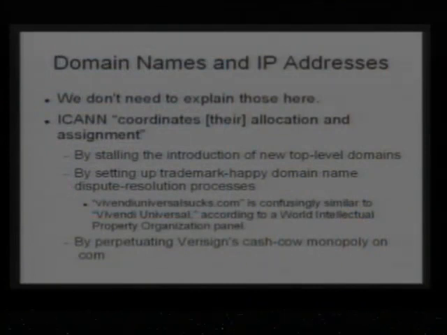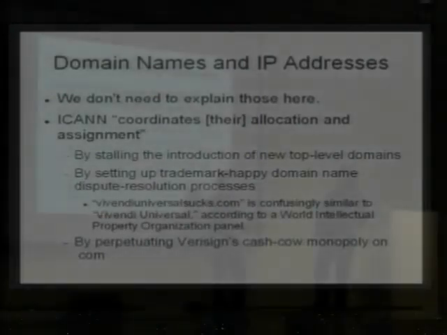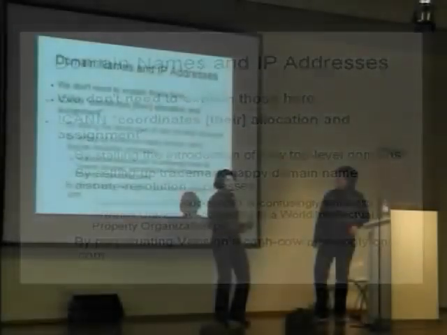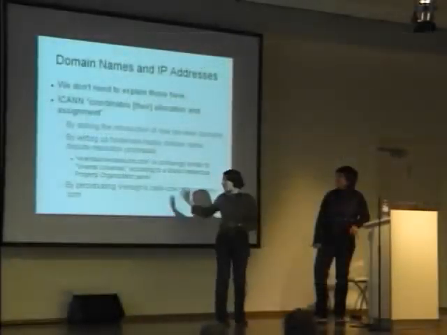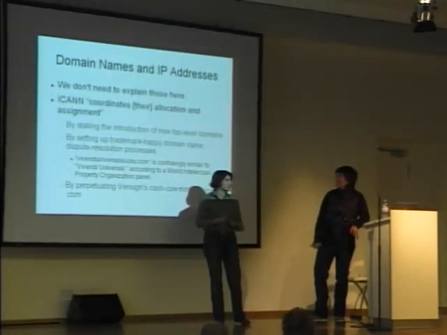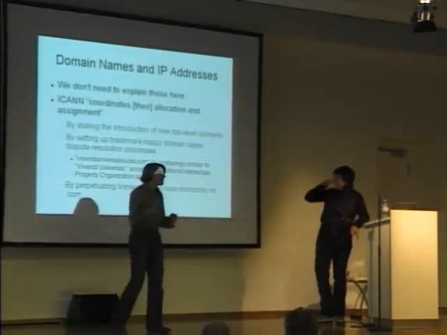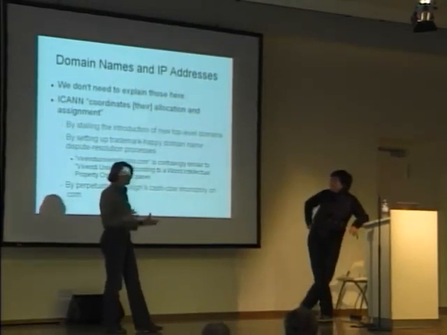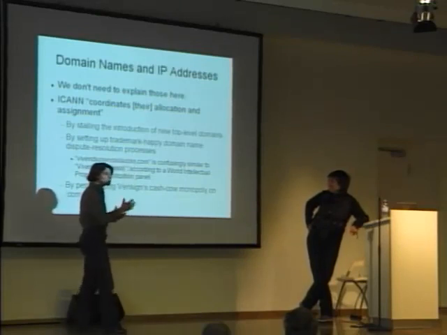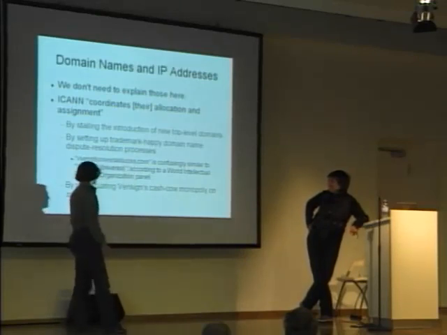So that name, Vivendi Universal Sucks, was taken away from its domain registrant, who might well have been trying to criticize the Vivendi Corporation, and given over to Vivendi Universal instead. We need the public to be explaining its interest in having criticism domains as a place to voice their concerns and not have them all swept into the basket of trademark infringement.